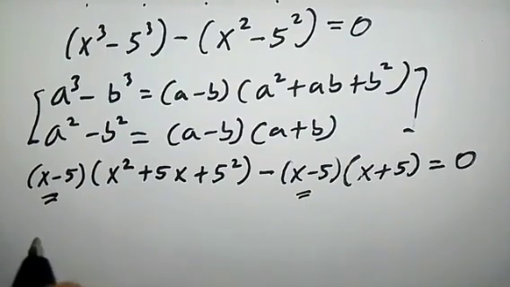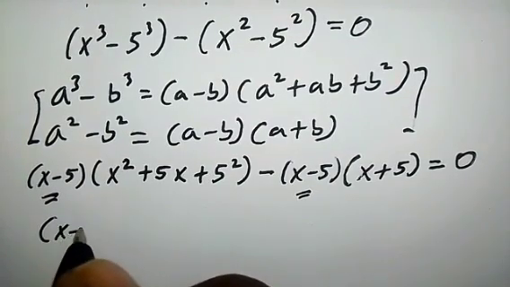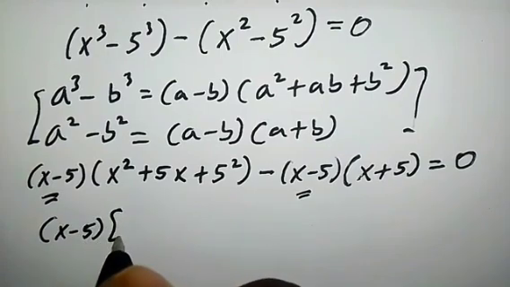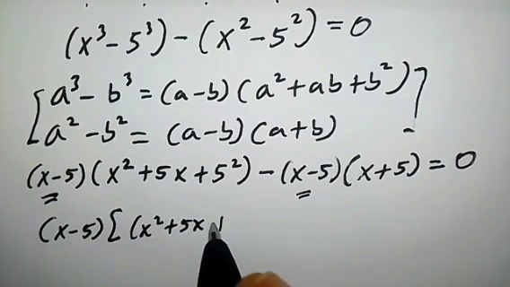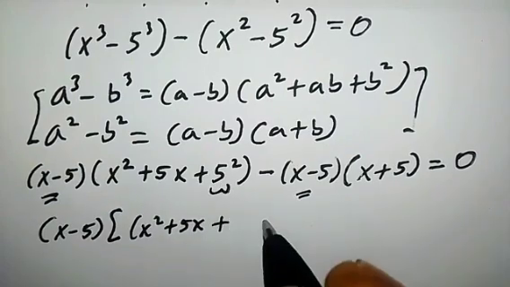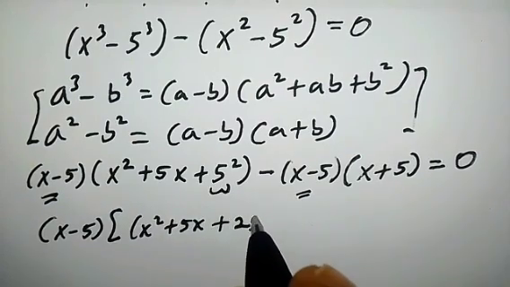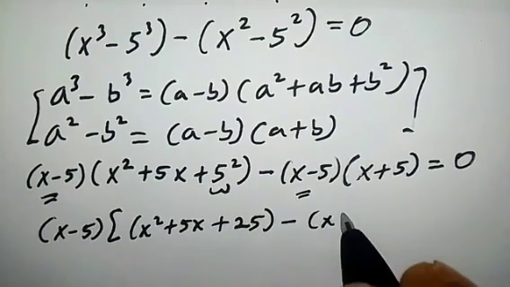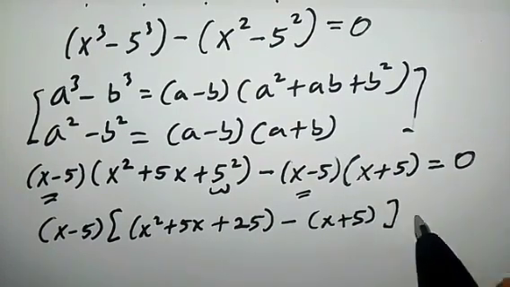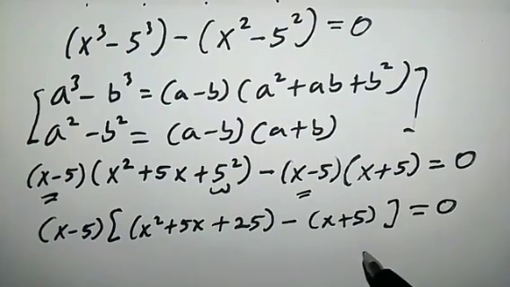I can pull it out, so that will be x minus 5 into this x squared plus 5x plus, what is 5 squared? That is 25. Close the bracket, minus x plus 5 equal to 0.